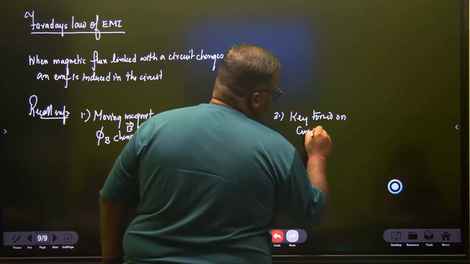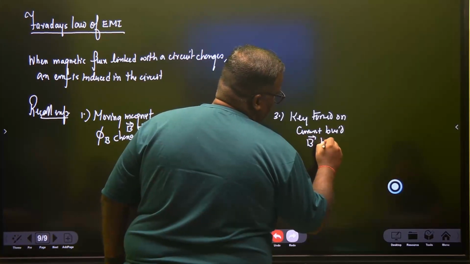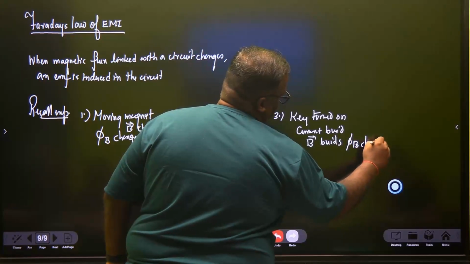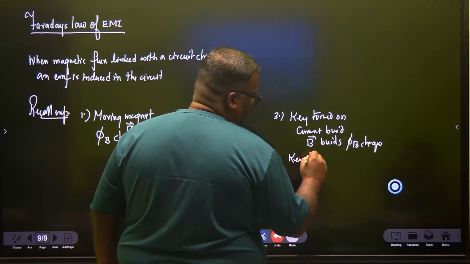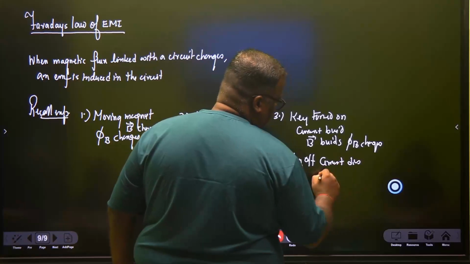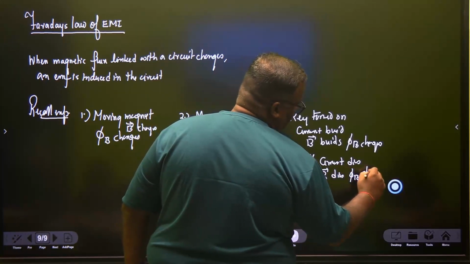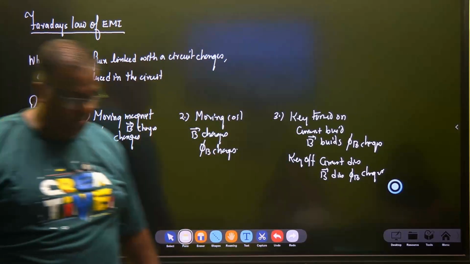Current builds, B builds, phi B changes. Then key off, current dies, B dies, phi B changes. E steady, phi B steady.